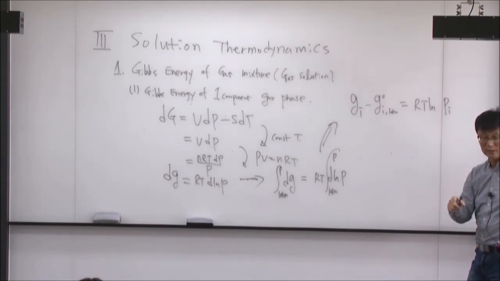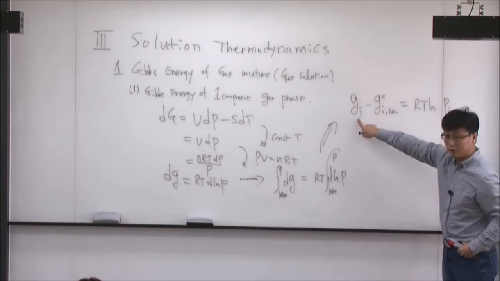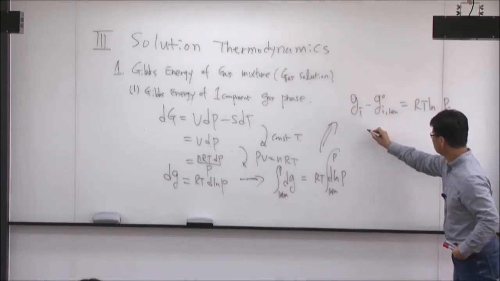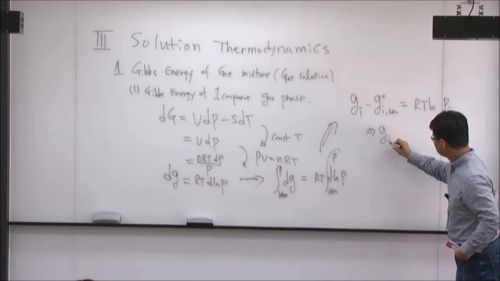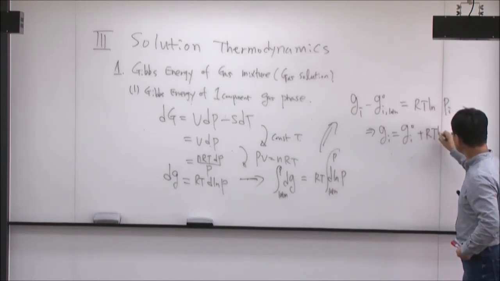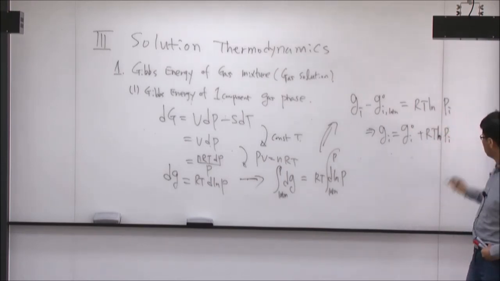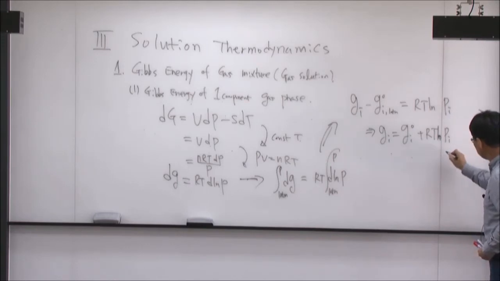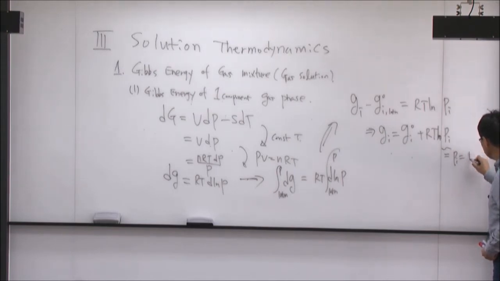So when nitrogen gas is at 1 atm, the Gibbs energy of nitrogen gas is the same as GI, like this, and of course in this case PI, the mole fraction of I, so this is 1 times P total of your system, yeah.